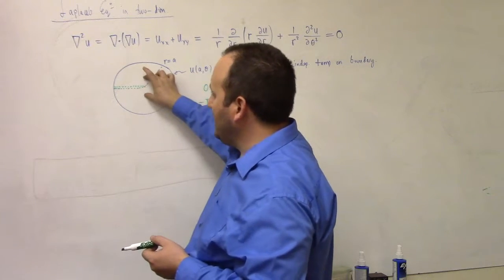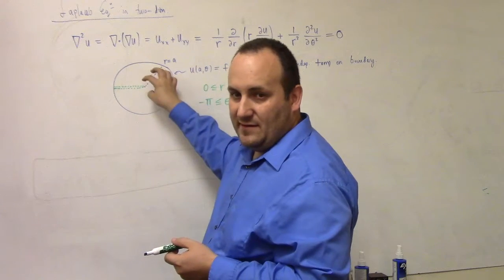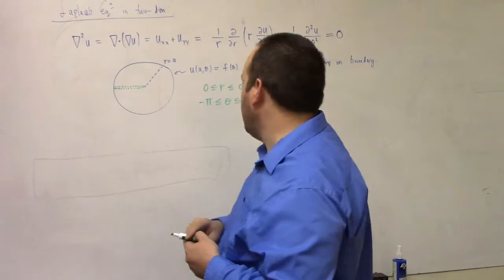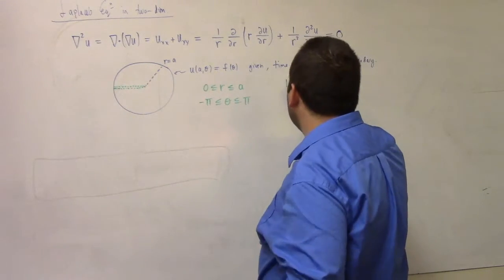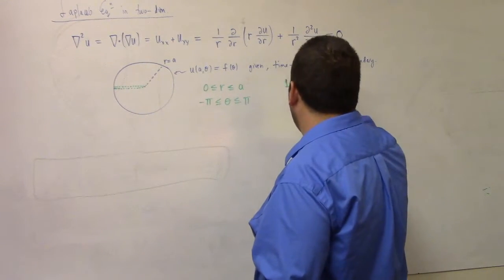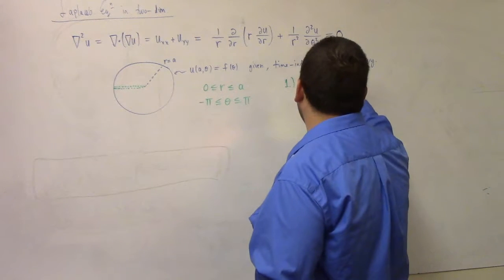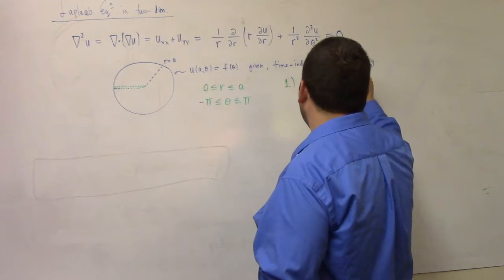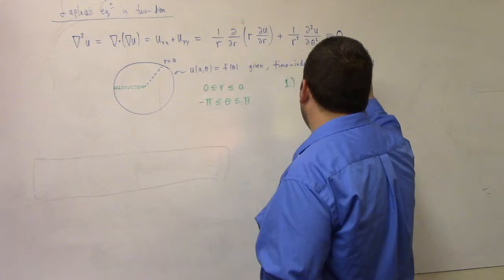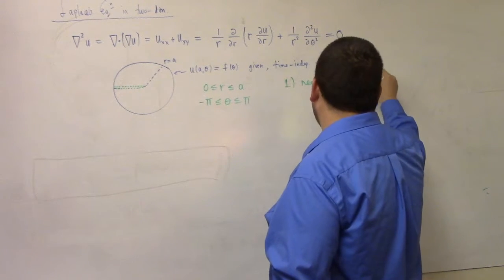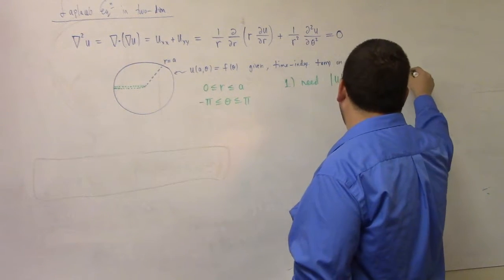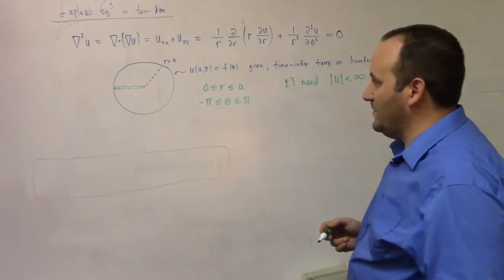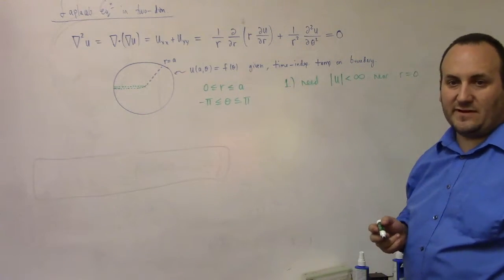There's a singularity in polar coordinates at the origin, which is a coordinate artifact. So one thing we want is that u be less than infinity near r equals 0. In other words, the solution should be bounded at the origin.